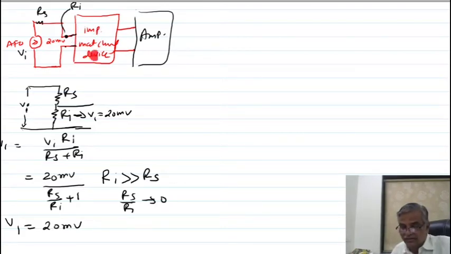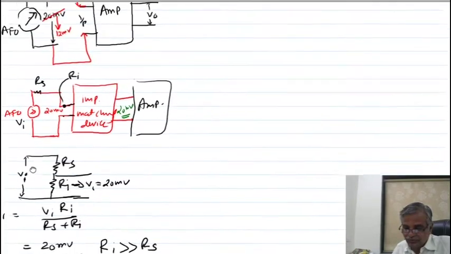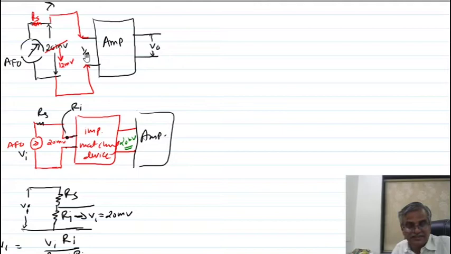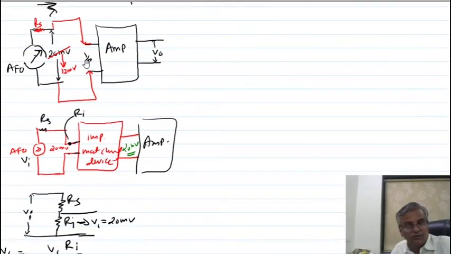And this is your impedance matching device. Output follows the input voltage. So this voltage is also 20 millivolt, and you will give the 20 millivolt to the amplifier. In this case, you are not giving 20 millivolt to the amplifier because the impedance is not matched between the AFO and the input impedance of the amplifier, so there is a drop of the voltage.